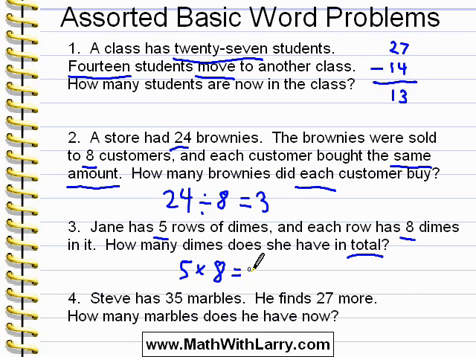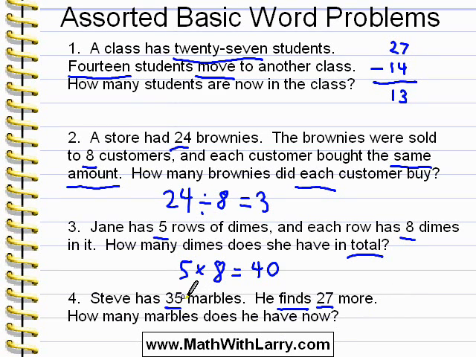Okay. Let's look at the last problem. Steve has 35 marbles. He finds 27 more. I'm going to underline finds. That sounds like it's important because something's happening. How many marbles does he have now? Well, nothing in the problem tells me exactly what I'm supposed to do, but I know from experience that if you have a certain amount of things and you find more of them, what you're really doing is adding.